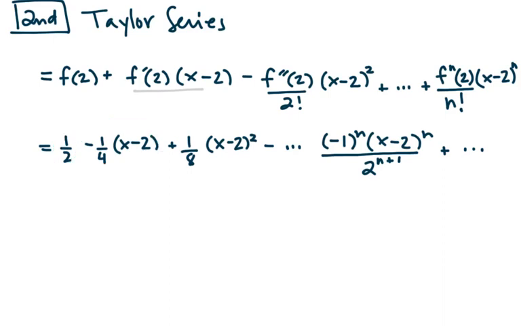And so what we end up with here is our first term is 1/2, and my common ratio, if I calculated that, would be negative x minus 2 divided by 2.